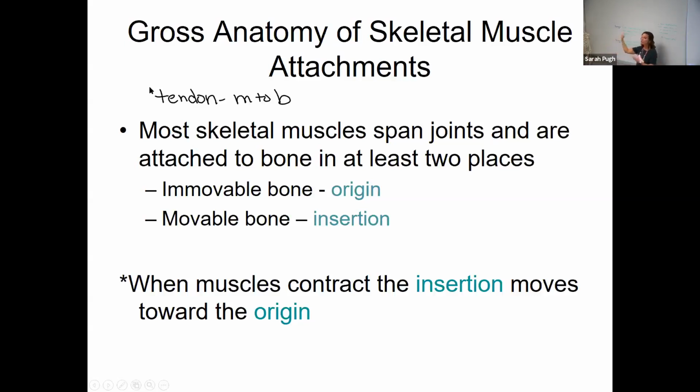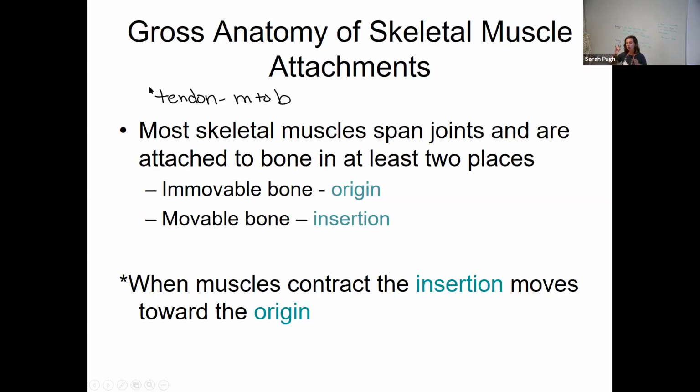So like, for example, your bicep is actually going to span the elbow joint, so that when this muscle contracts, you get flexion of the arm, right? And the reason it has to span a joint is because if your bicep just ran from the top of the humerus to the bottom and it tried to contract, nothing would happen. So it has to span a joint to get movement, right?